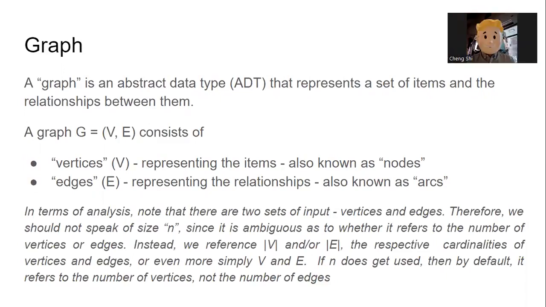The number of elements in the array, right, or in the structure. Okay, if we say that a graph algorithm is O of n, or O of n squared, or O of n log n, what does n mean? Assume vertices. Well, it's reasonable to assume that, but it could also refer to the number of edges. It could also refer to edges, so it's ambiguous.